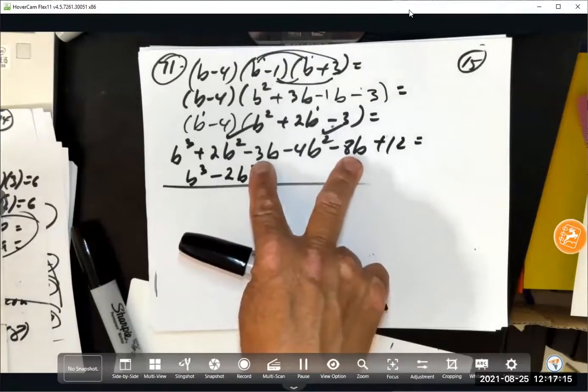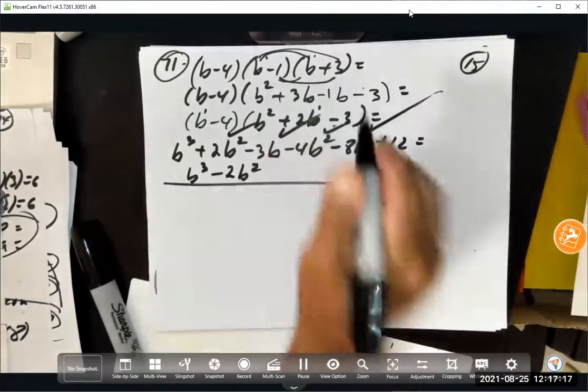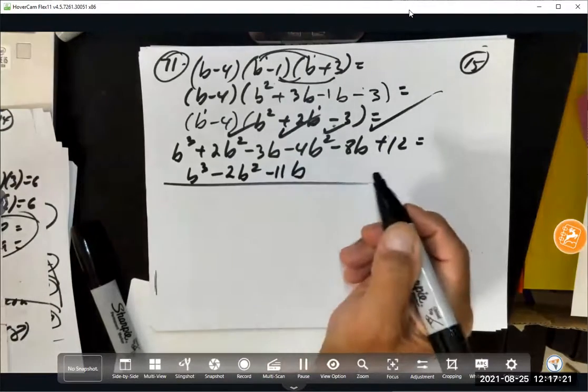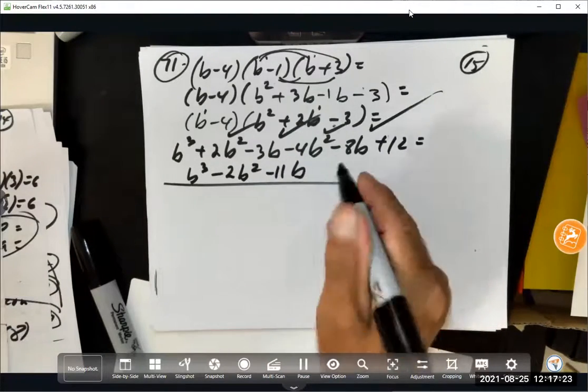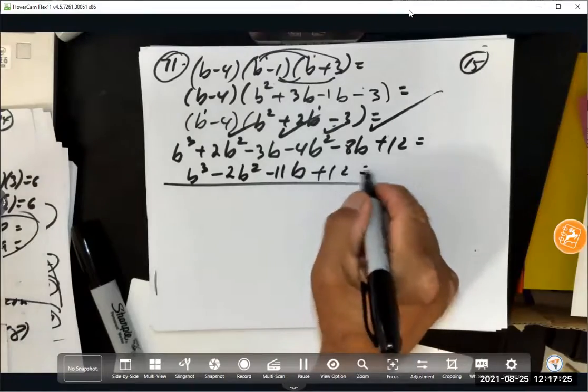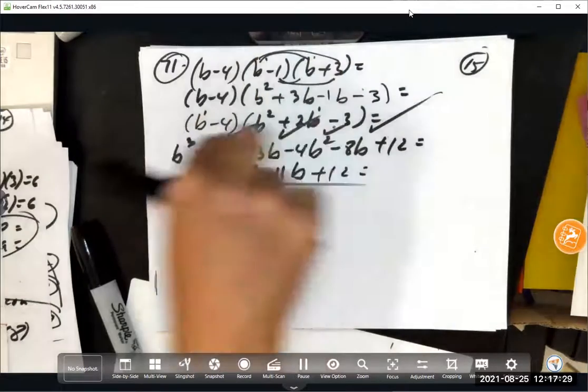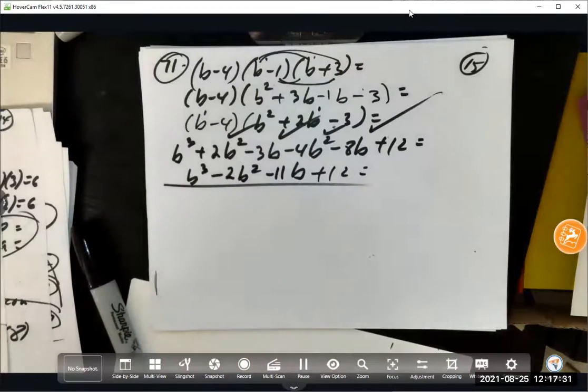What about these two right here with the big check marks? Negative 11B. And the number is positive 12. So 3 of them, you do first 2 of them, and then you do the last part. Does that make sense for 71? It does. That's okay? Okay.